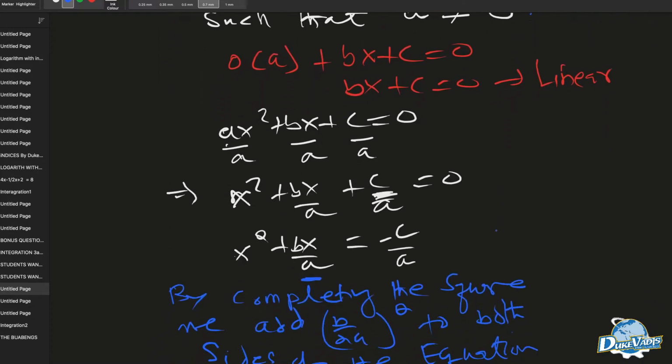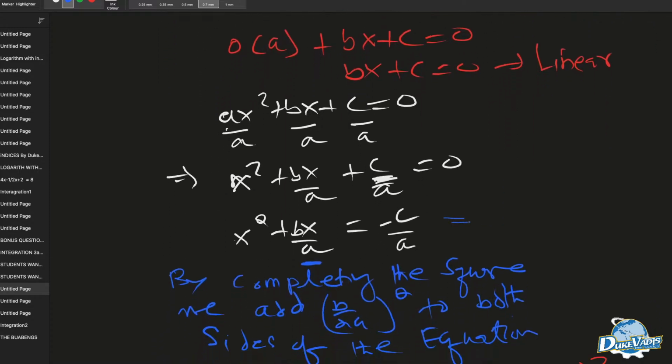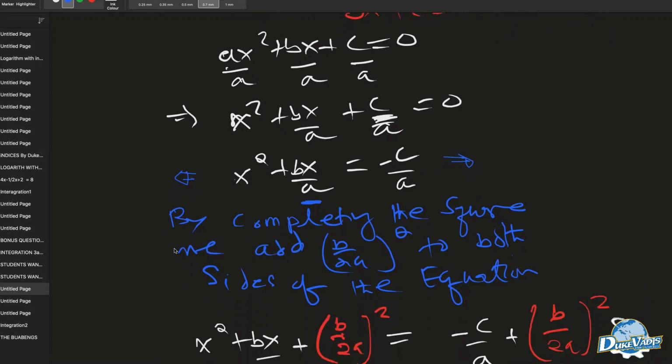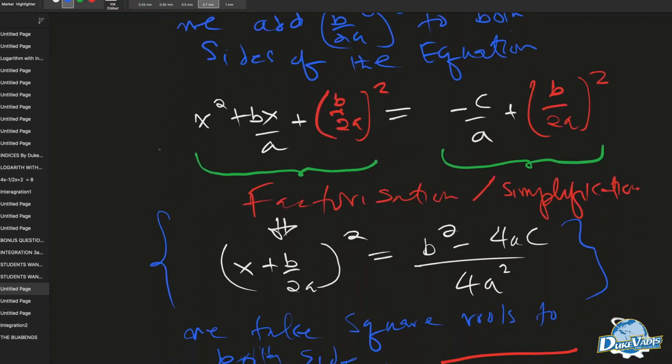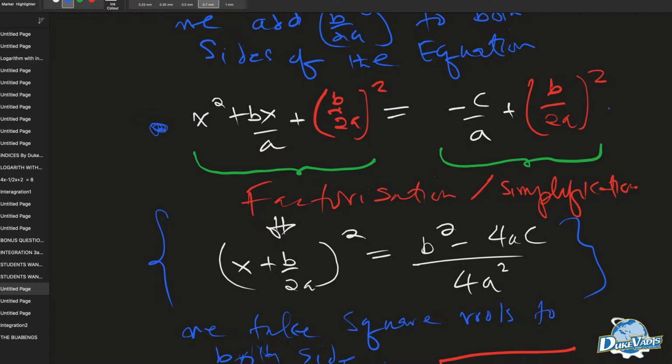As we did that, we got to this point, and by completing the square of the equation, we take b over a and, as demarcated in red, we add b over 2a squared to both sides of the equation.